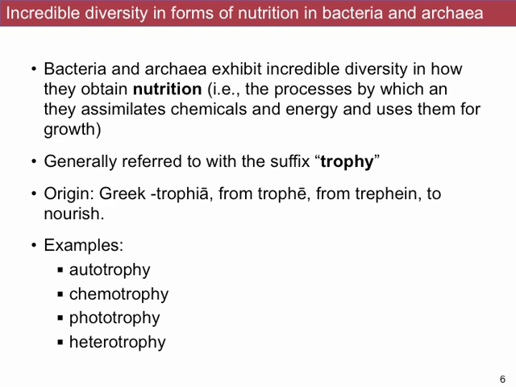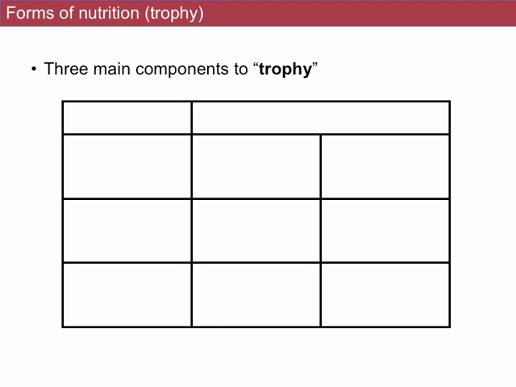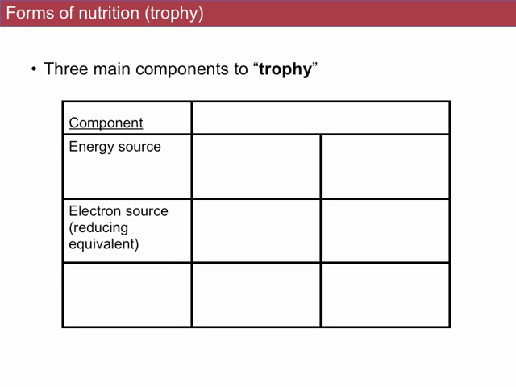So again, reminder, we were talking about these forms of how organisms acquire their nutrition, talking about this in terms of the trophy status of organisms, and I showed you these 3 ways to categorize the nutritional status of organisms. We can divide it up by their energy source, by their electron source, and by their carbon source.